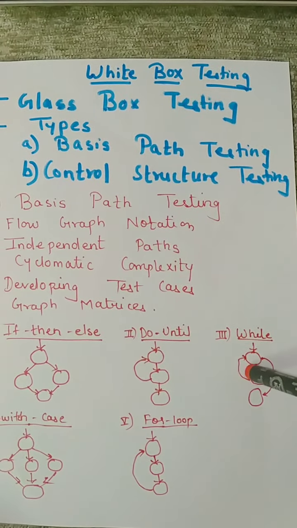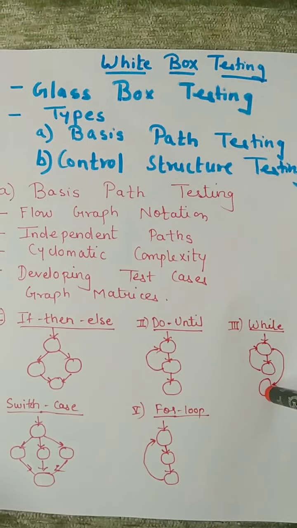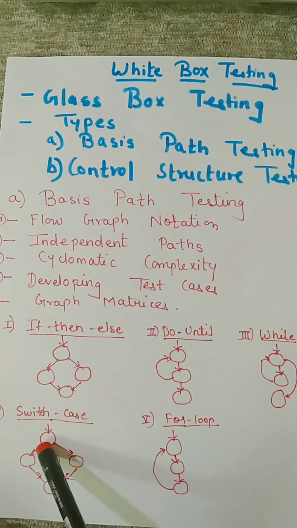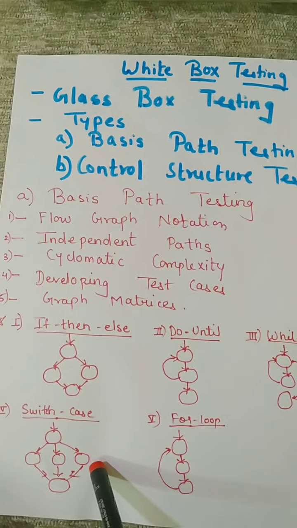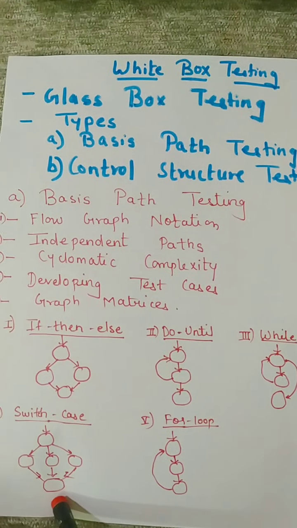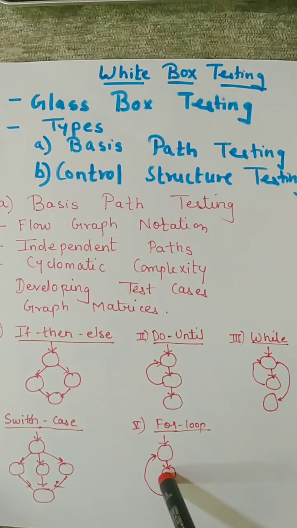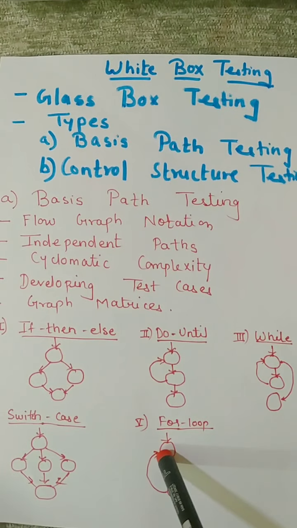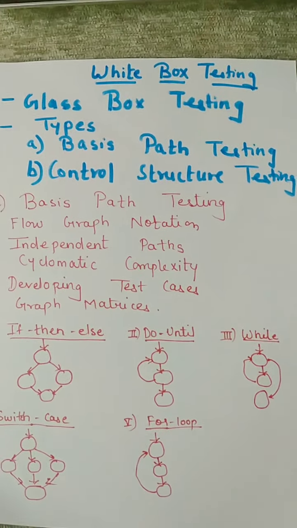Do particular node while this condition, else move to next. Switch case: if this, case 1, if this node, case 2, this node, case 3, and move to next. And last one, for loop, perform this for this input. Okay, so these are the basic notations that can be used in your flow graph.